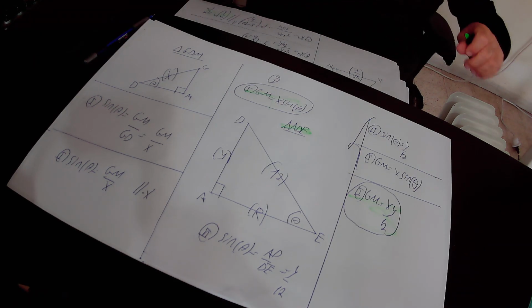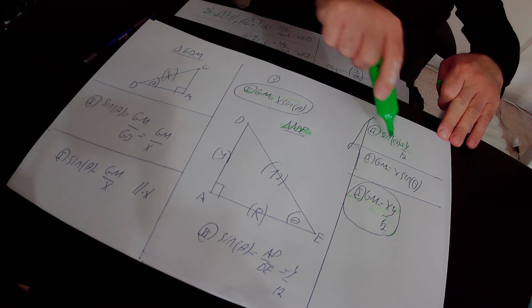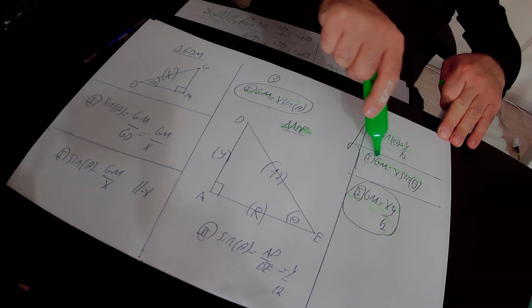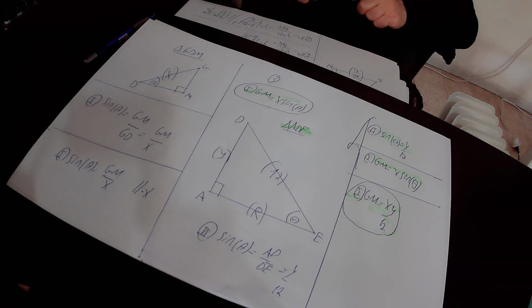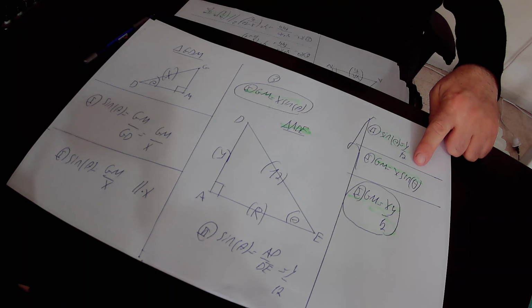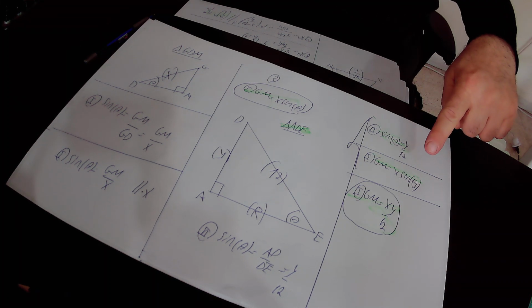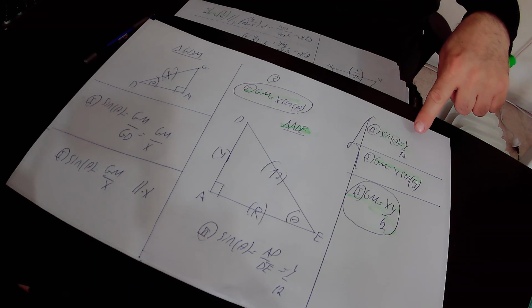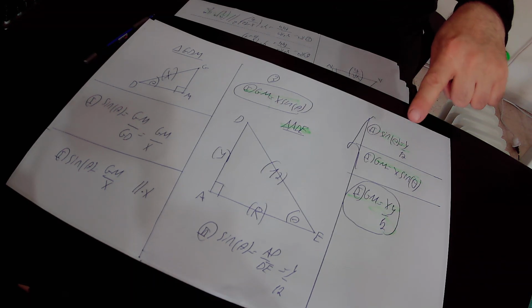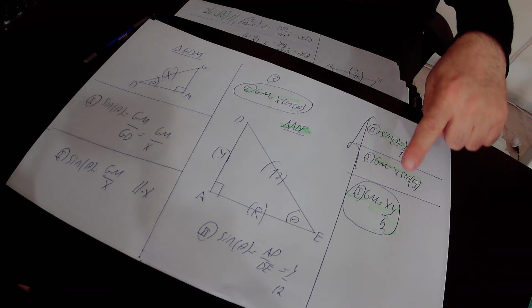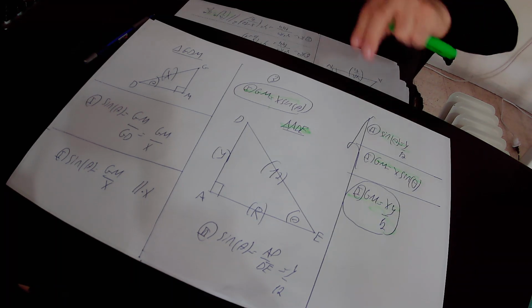This is equation 2. While according to equation 1, GM equals x times sine theta. So now we can substitute sine theta by y over 12 from equation 2, and finally find that GM equals xy over 12.